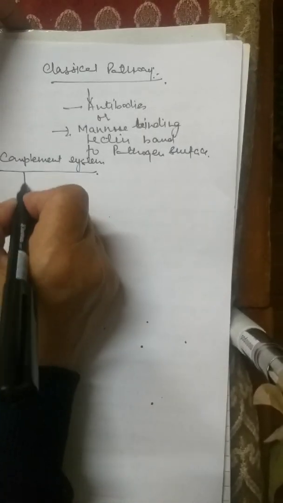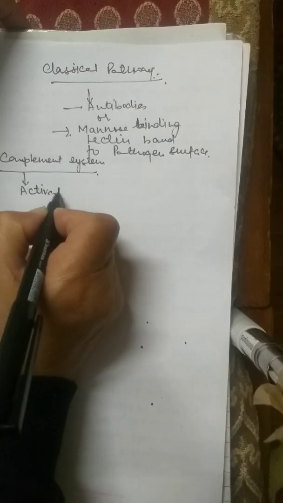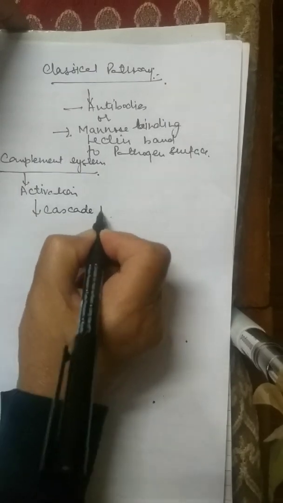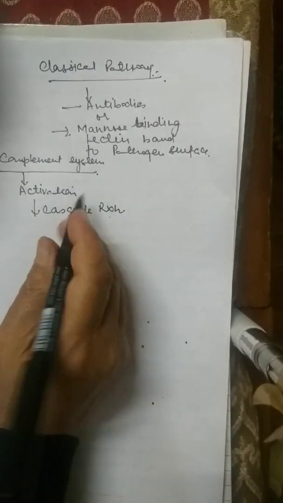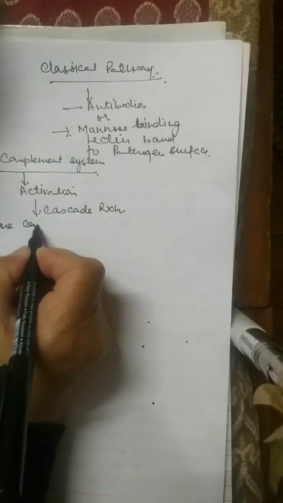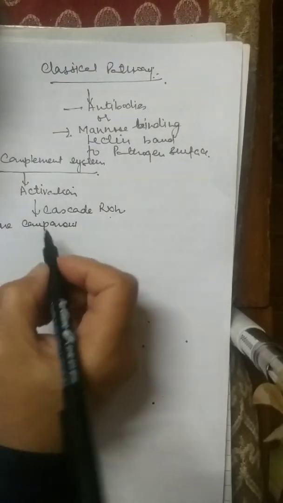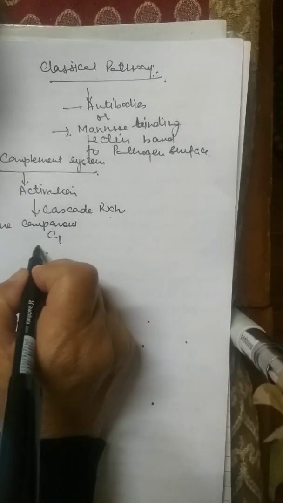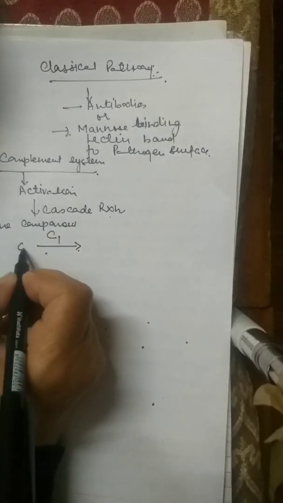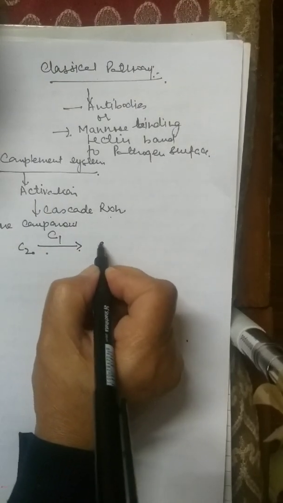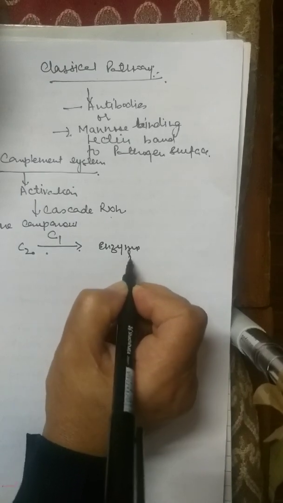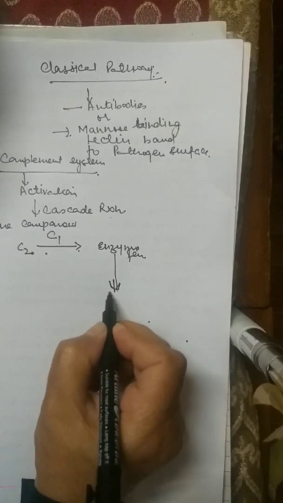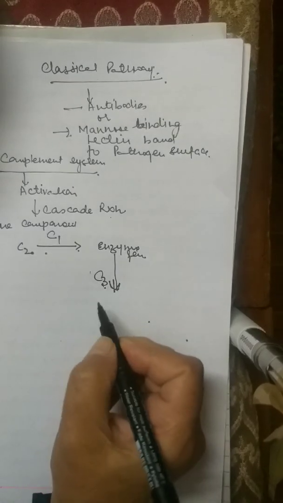Its activation is basically a cascade reaction, a chain reaction, where one component, let's say C1, acts as an enzyme on the next component, and then a certain enzyme is generated, which helps in activating the third component, and so on.